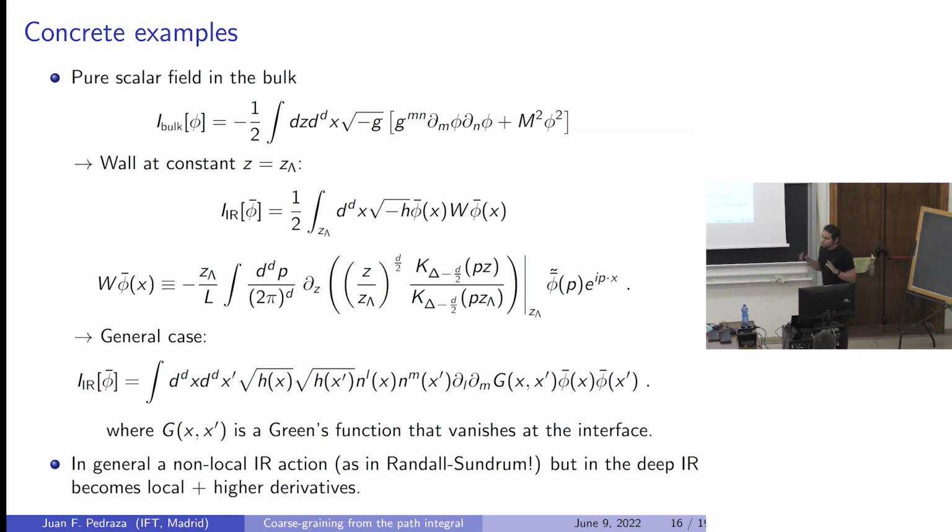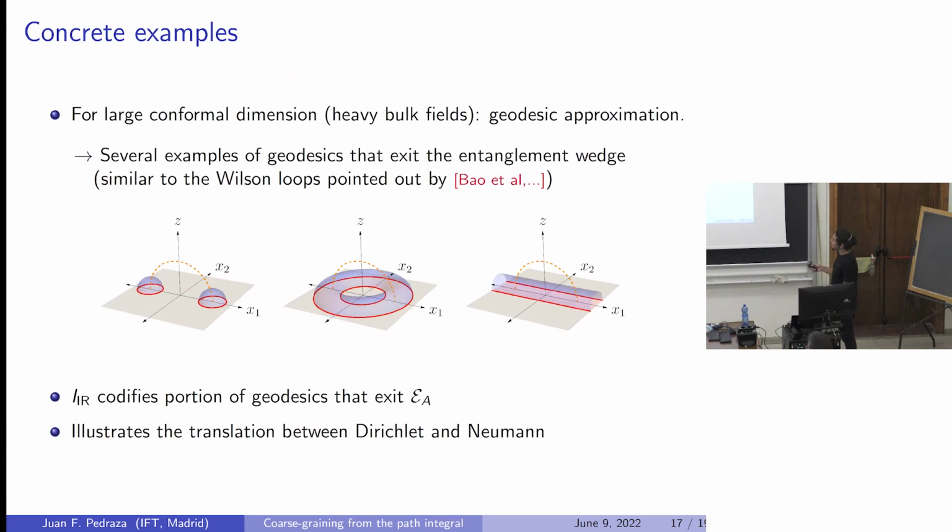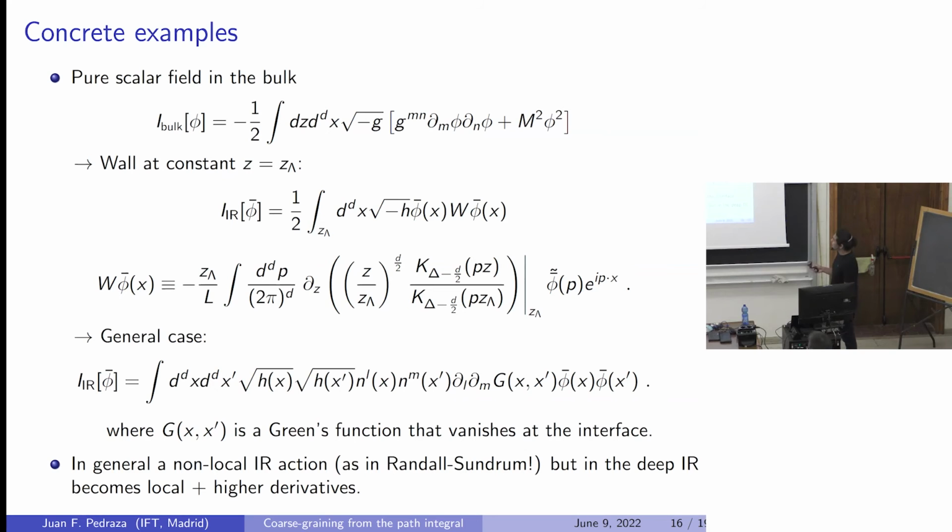Because you are not allowed to change the global state once you do the integration. Okay, and they do affect the IR via G, yes. So here I was assuming that the sources in the complement were off, were 0. And that's what you get, but more generally, you can keep them on, and you can get the functional. I was planning to talk about this later, but I can come back to it.